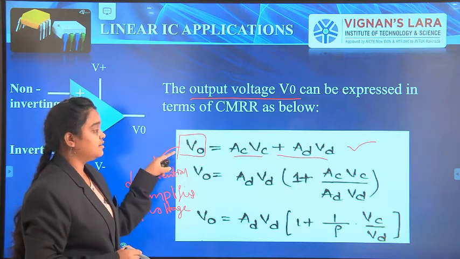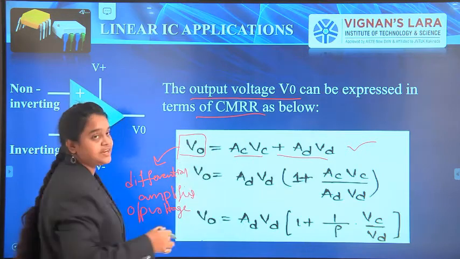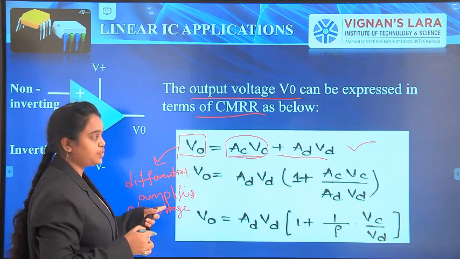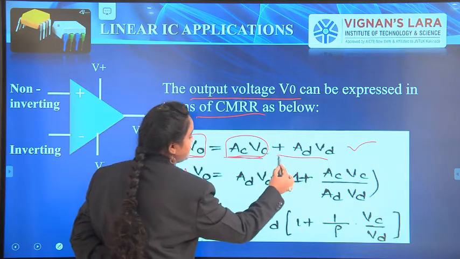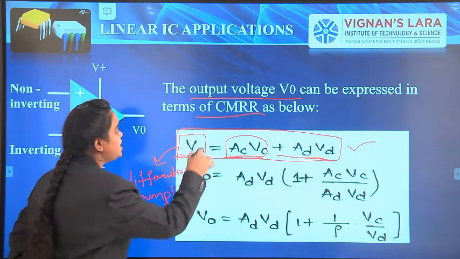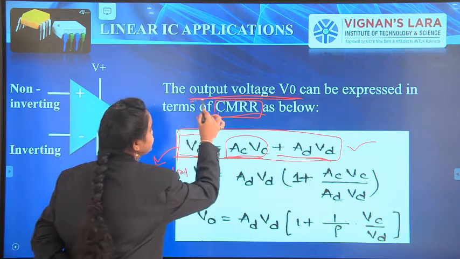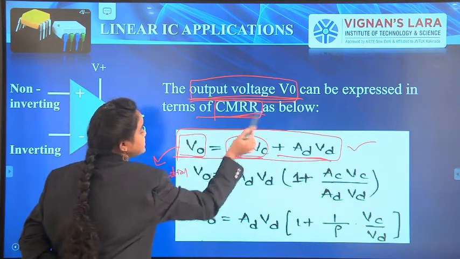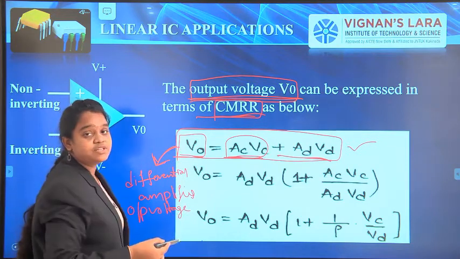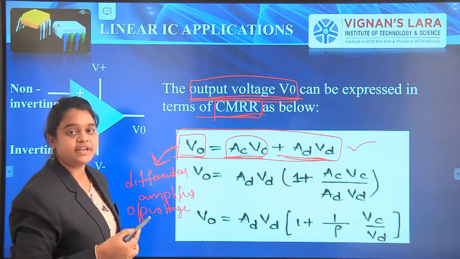We can write this output voltage in the form of the CMRR. We take the differential amplifier output V0 equals ACVC plus ADVD, which we derived in yesterday's class.